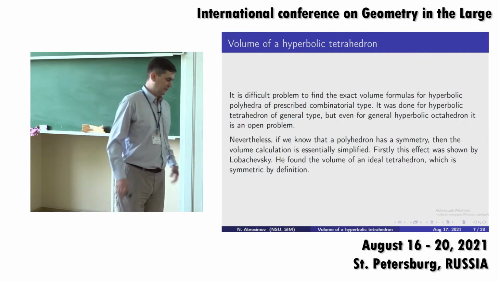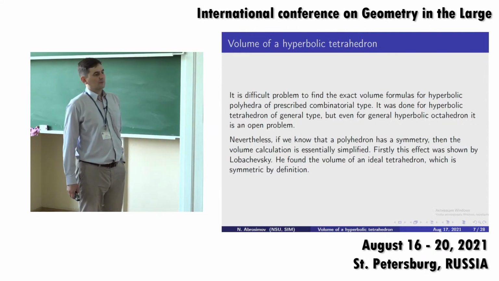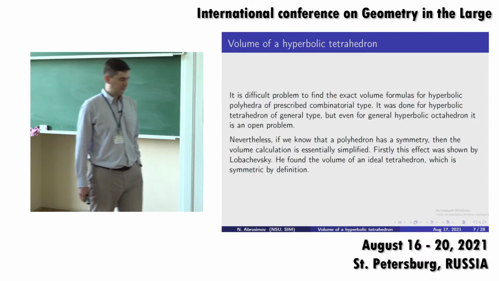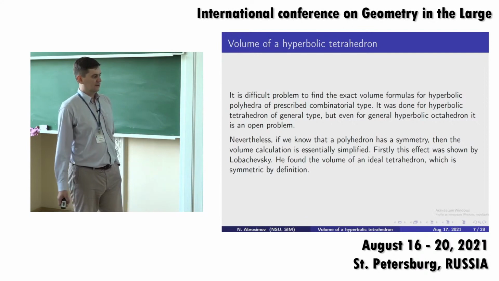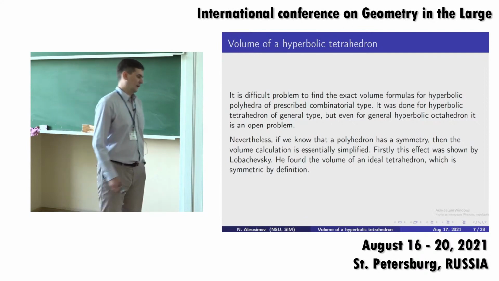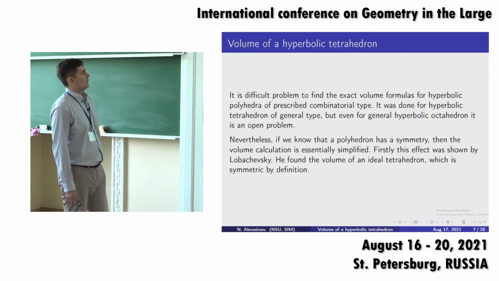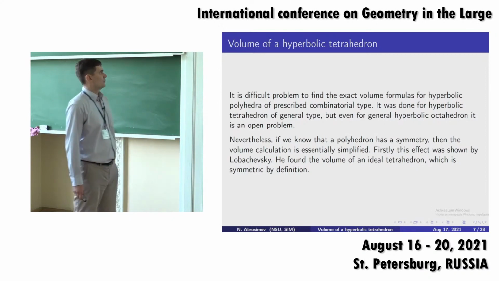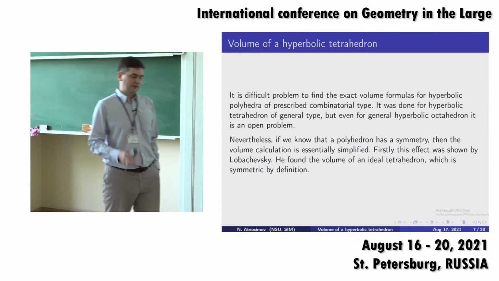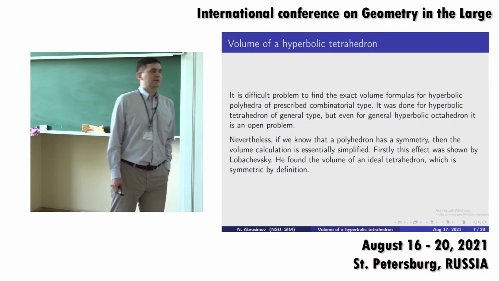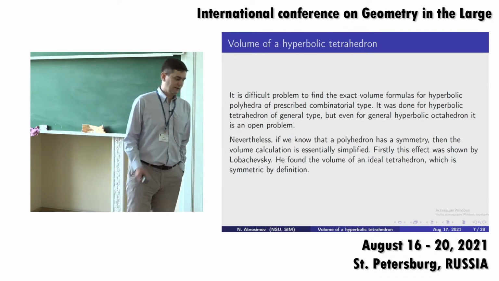In this general formulation, it was done only for the hyperbolic tetrahedron, which is the simplest polyhedron in the sense of combinatorial type. Even for a general hyperbolic octahedron, it is an open problem. Nevertheless, if we assume that a polyhedron admits some non-trivial symmetry, then the volume calculation is essentially simplified.